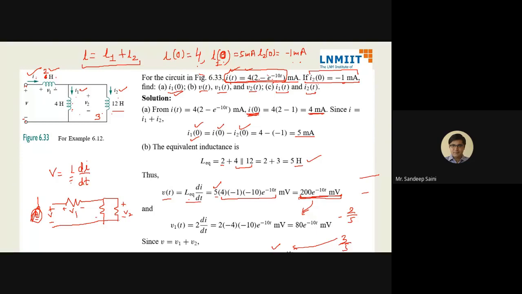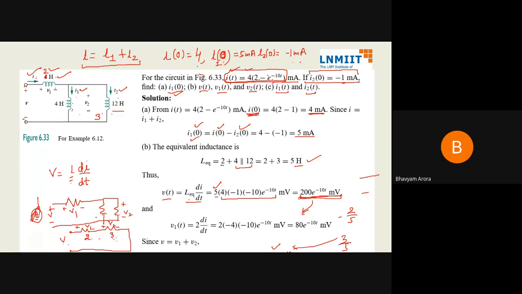These two are in parallel, they will become in series, and I will have total voltage V and two resistors. What is this inductor value? 2. What is the effective inductance of these two? That is 3. So if this is V, this is V1, this is V2, what will be the drop across 2 Henry? 2 divided by 5 into total voltage. What will be the drop across this 3 Henry? 3 divided by 5 into total voltage. Is that fine?